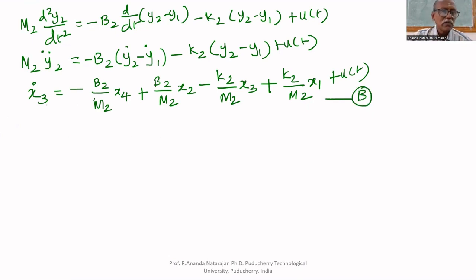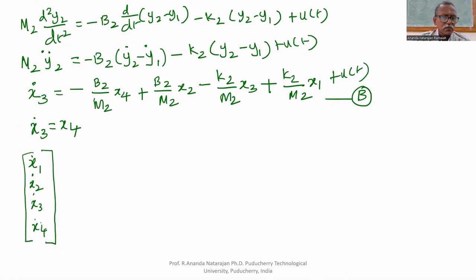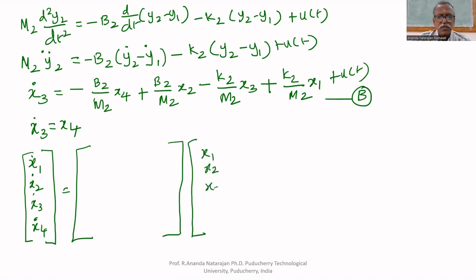Already we have one equation x3 dot equal to x4. Now put all together in matrix form: x1 dot, x2 dot, x3 dot, x4 dot equal to the matrix times x1, x2, x3, x4, plus u.